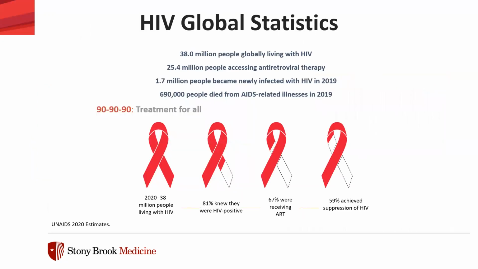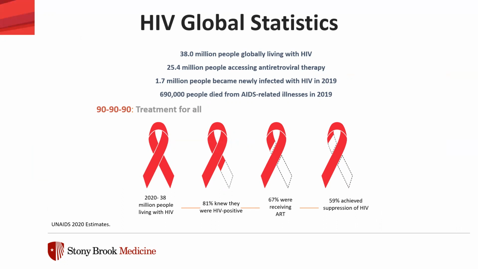Now, I wanted to end today's presentation discussing some HIV global statistics and the United Nations 90/90 treatment for all goal. At the end of 2020, an estimated 81% of patients living with HIV who were HIV positive actually knew their status. Only 67% of those patients were achieving the care that they needed.